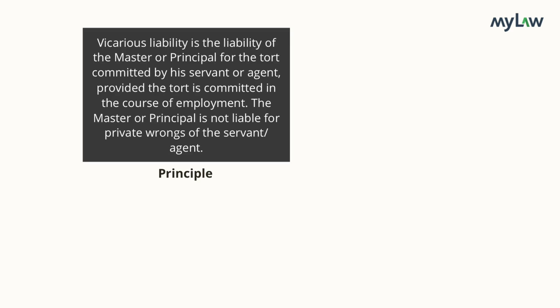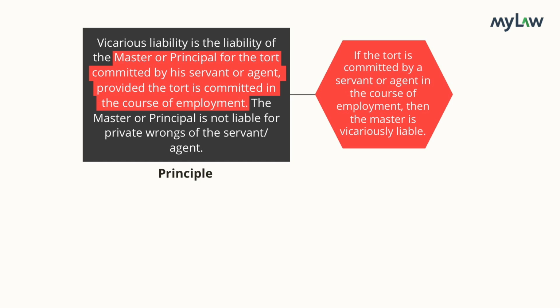Okay, let's do the crucial first step. Read the principle carefully and ask, what are the conditions? This principle can be restated as, if a tort is committed by a servant or agent during the course of his employment, then we can conclude that the master is vicariously liable. This is actually two conditions.